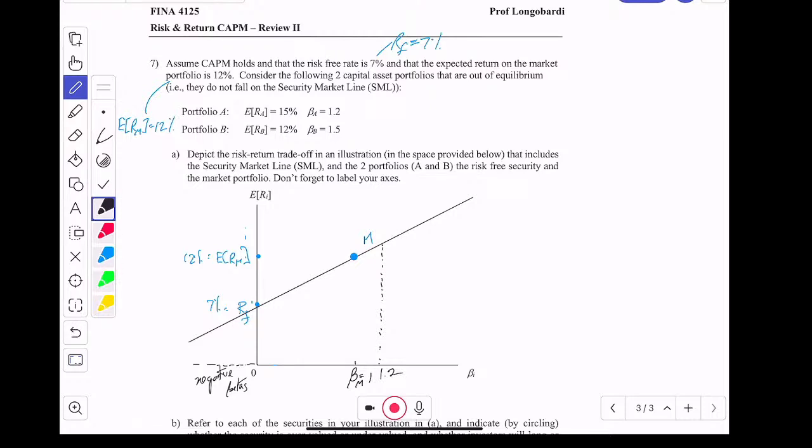So let's check out what it should be using the capital asset pricing model. I'm going to use a star. This indicates where asset A should be. The asterisk indicates correctly priced risk.